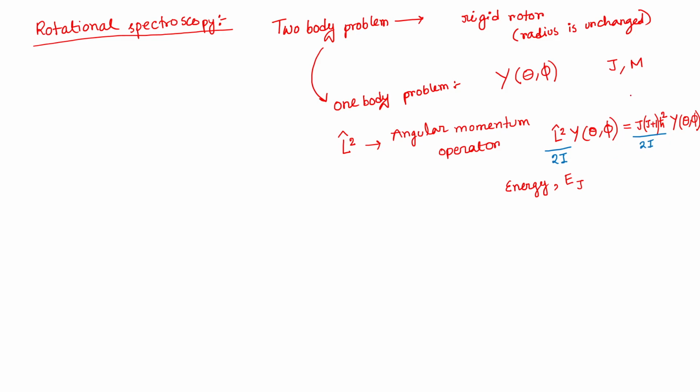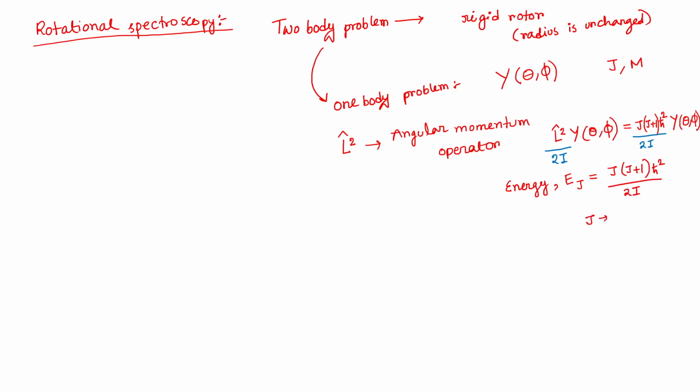What are the possible values of J? J can be 1, 2, 3, 4, any positive integer. It cannot be 0. Okay, why not 0? You are going to see the energy EJ is, I'm going to discuss it, J into J plus 1 h cut square by 2I.